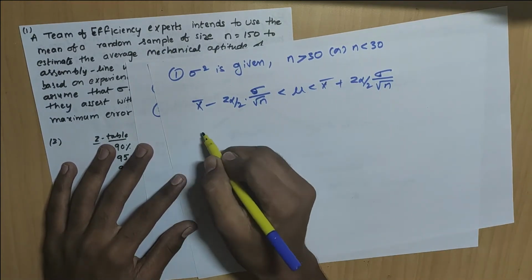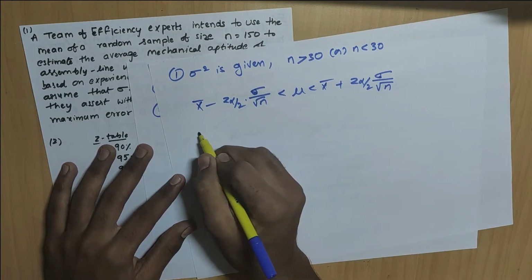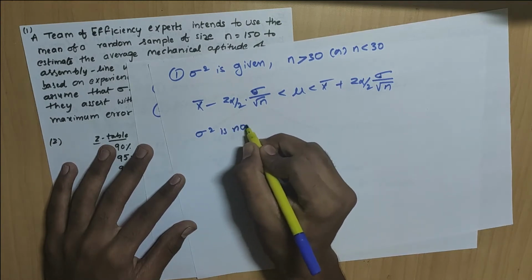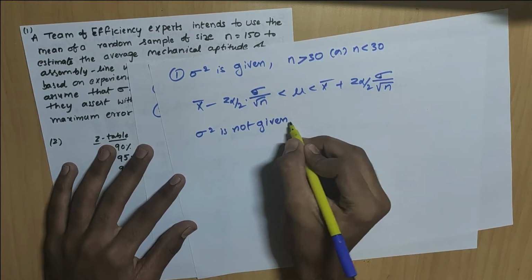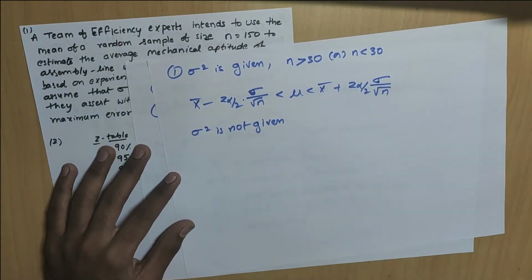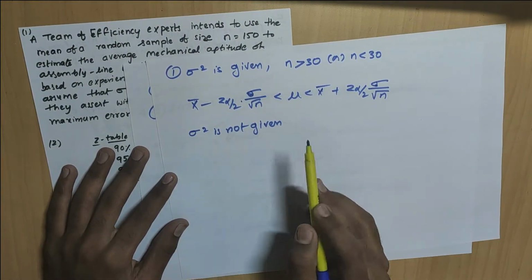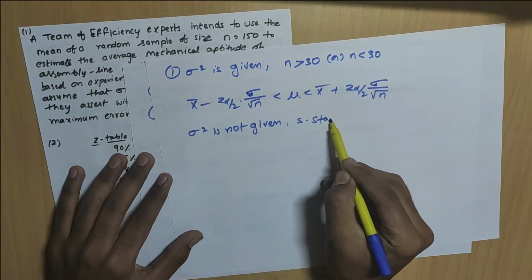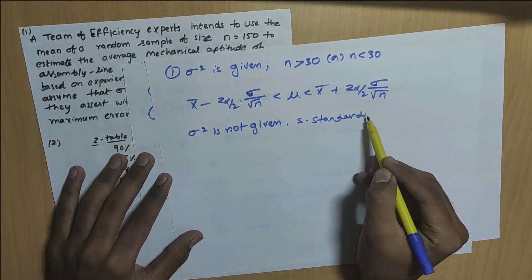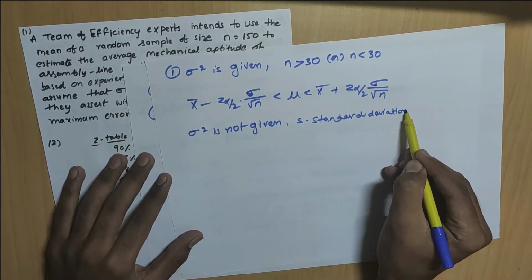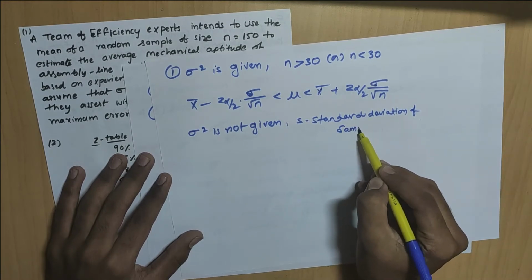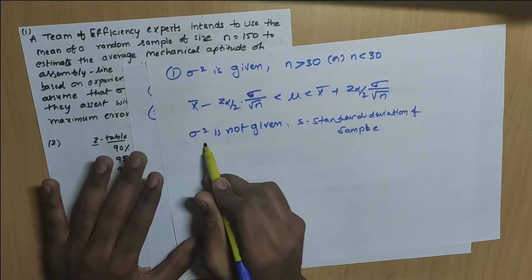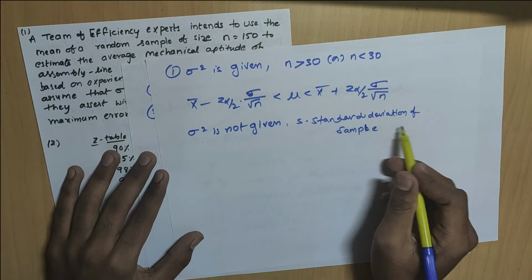Another case is when sigma square is not given. When sigma square is not given, he must give s, the standard deviation of the sample. If sigma square is not given, he must give the standard deviation of the sample.